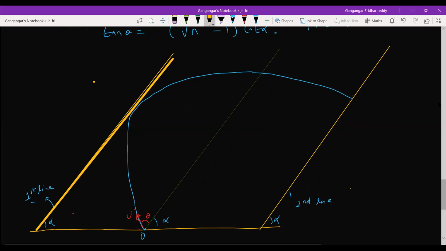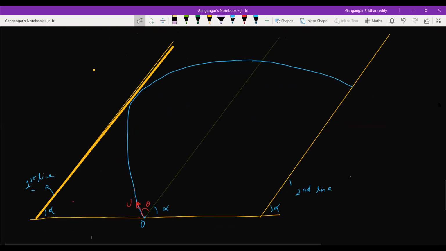Okay, fine. So somehow I made some adjustments like this. So it will graze and it will strike normally. You see that one. It has to strike normally. That also he has put as a condition. It will strike the other line normally.